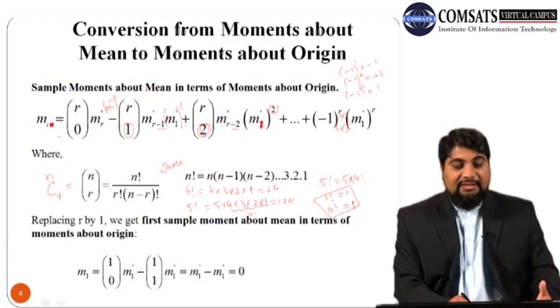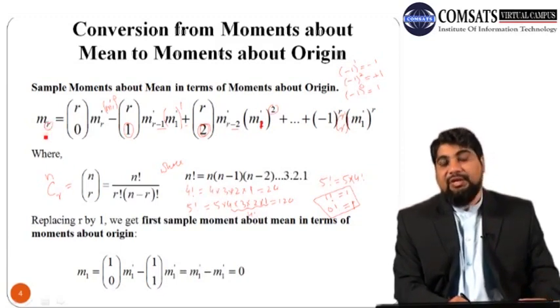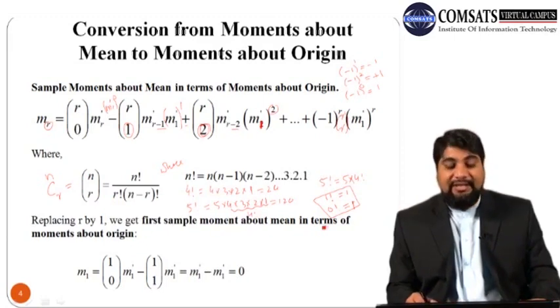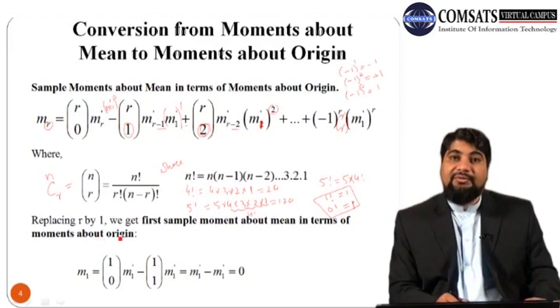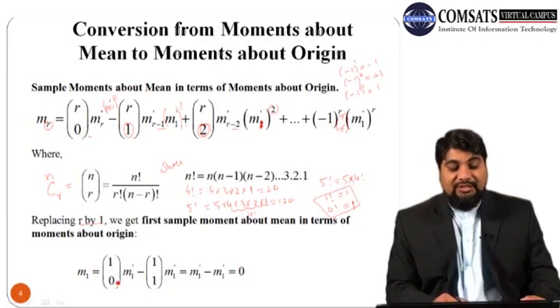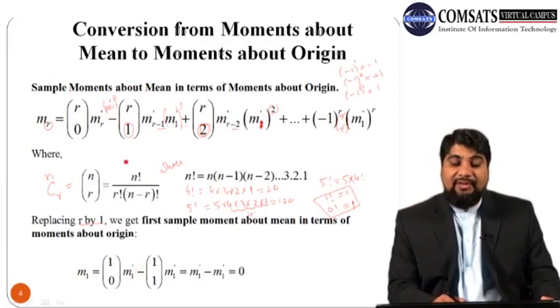So if we replace this r in this formula by 1, we get the first sample moment about mean in terms of moments about origin. So replacing r by 1, we get m1, and here rC0, so it means 1C0, and m dash r, so m dash 1, because r is replaced with 1.